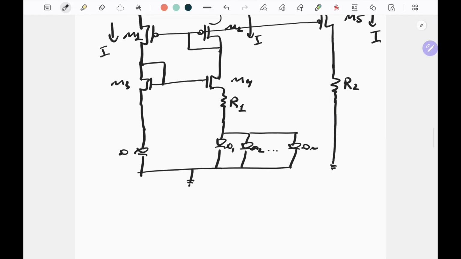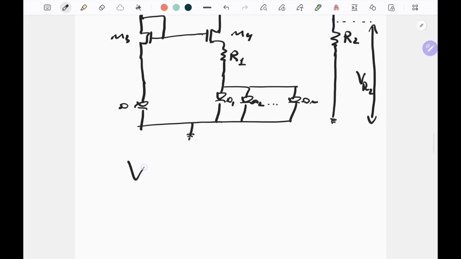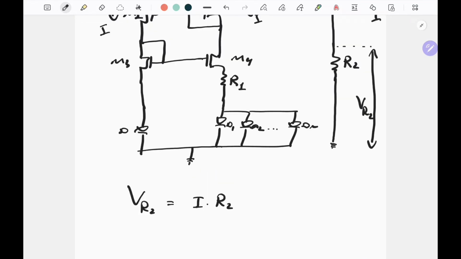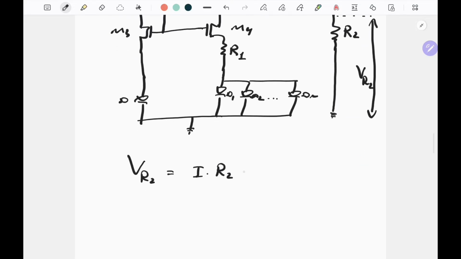So the voltage on R2, let's denote it as VR2, would be equal to I times R2. So let's plug in also the current, which we already know.